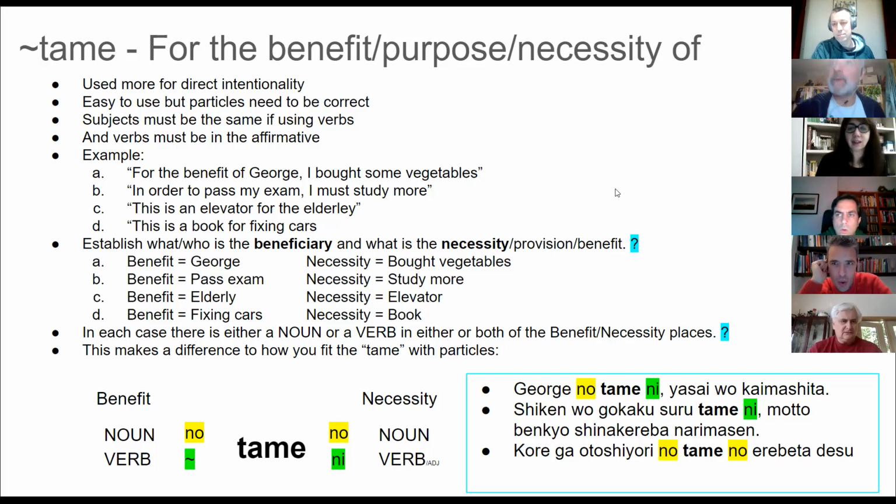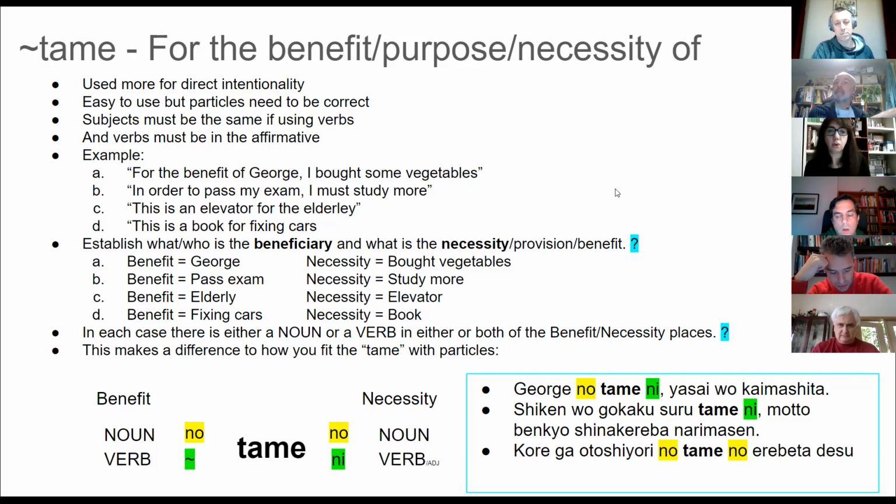Okay, so basically, naosu is just the verb that you apply to a car. So you're doing something to the car. So the kuruma, and then which particle will we have next? 車を. Oh, yep. Naosu.